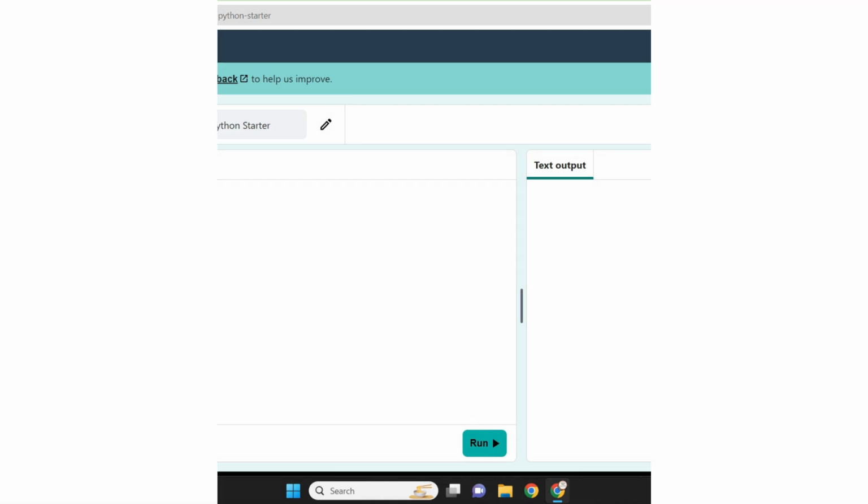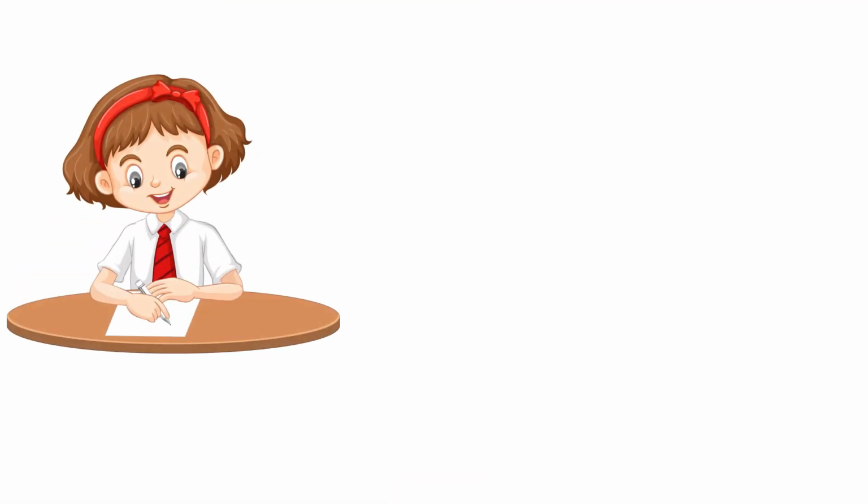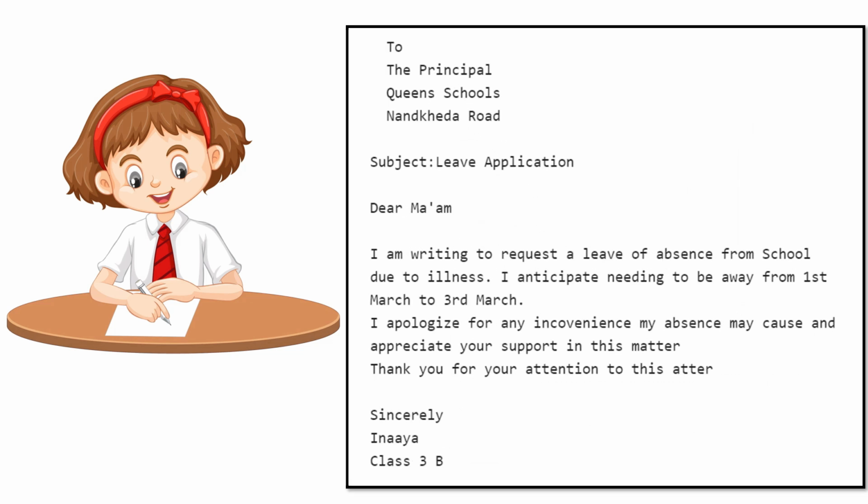an online code editor. The first example is writing a letter to the school principal requesting leave. This letter you might have seen or written at home. Now I have written this code to request leave of absence from my school.